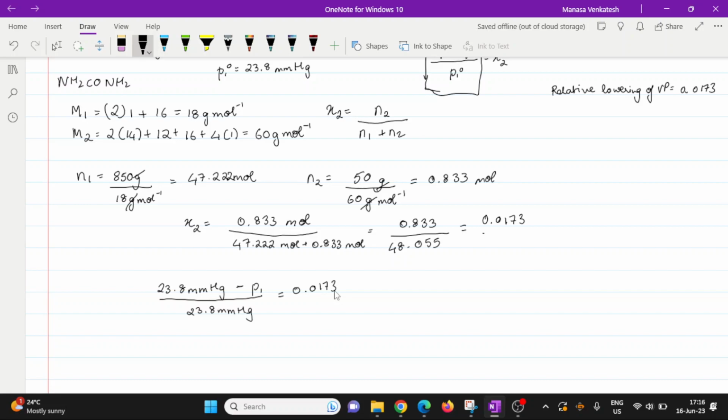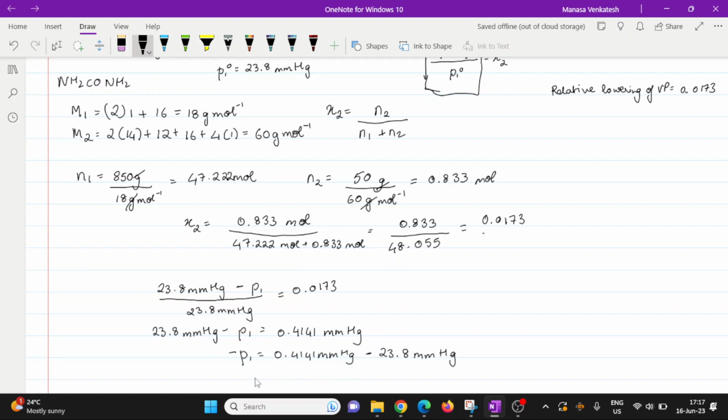So I'm going to be simplifying it. 23.8 mmHg times 0.0173, we're going to be stuck with that unit because the final answer has the same unit. So you get 0.4141 mmHg, and then minus P1 will be equal to 0.4141 mmHg minus 23.8 mmHg.